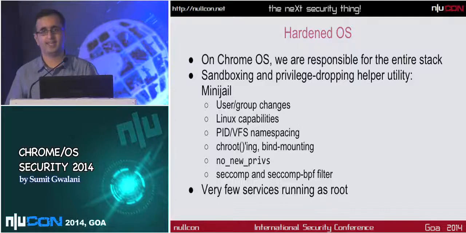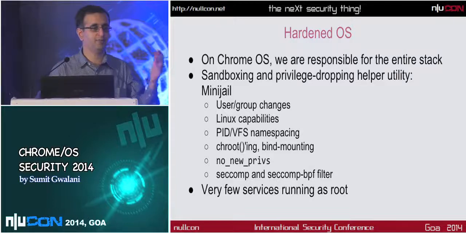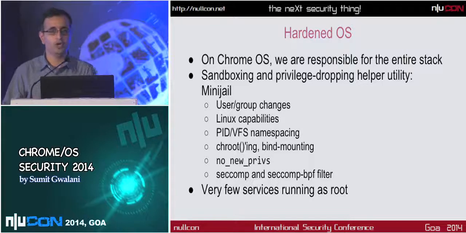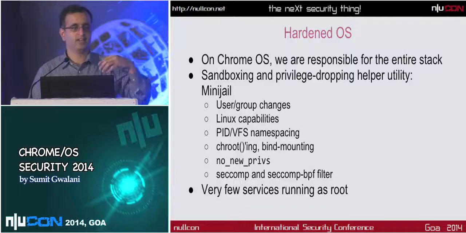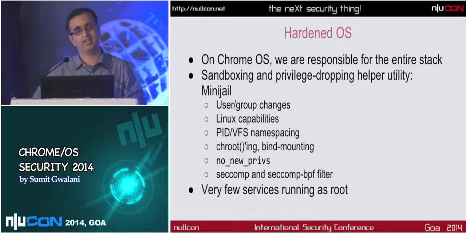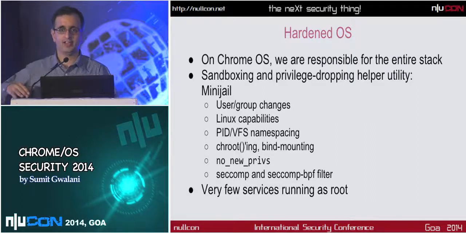Everything from applying Linux capabilities to user group changes to PID VFS namespacing and so on. It basically does everything for you. All you now need to do is every daemon or service gets loaded with an LD preload for this library, and then it will sort of set the rules for it correctly so that you can reduce your capabilities of the system.